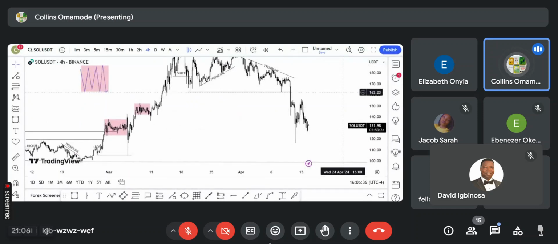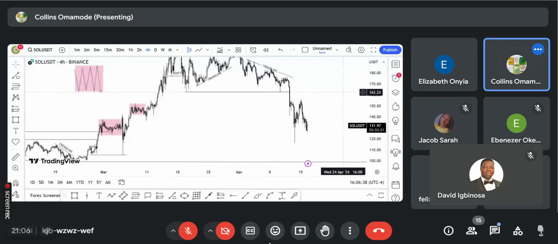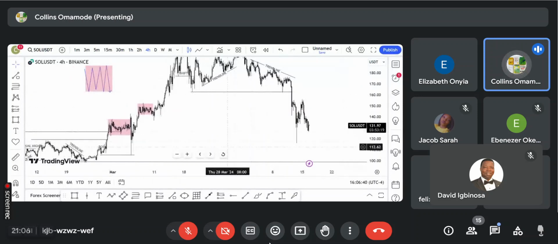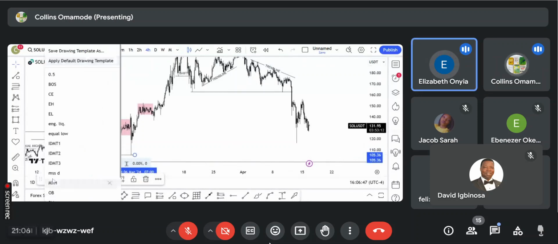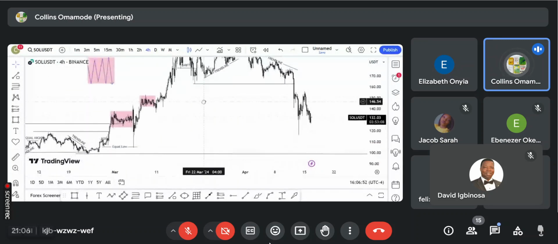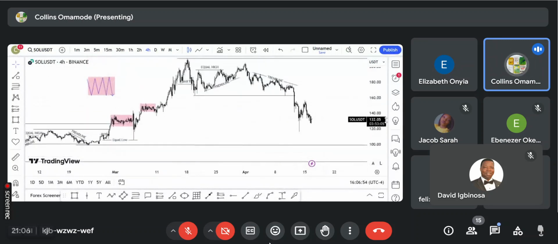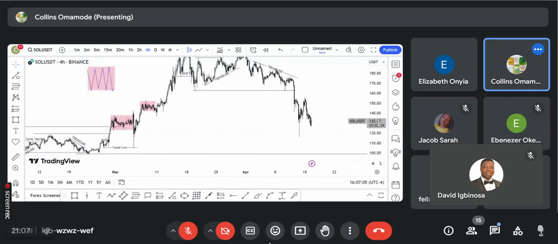So currently, look at this place, we have equal low here. There's every possibility that price might come and take it out before the main buy, because price is attracted to liquidity.